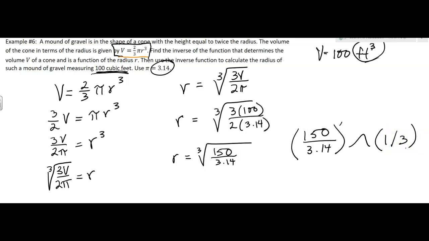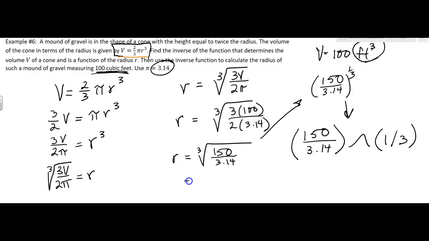Okay, I'm going to erase that little line there. Okay, so you can write this as 150 over 3.14 to the 1/3 power, but when you're putting it in a calculator, you have to be careful to put the parentheses around it, okay, for the exponent, so just be careful on that. It's kind of a calculator issue.